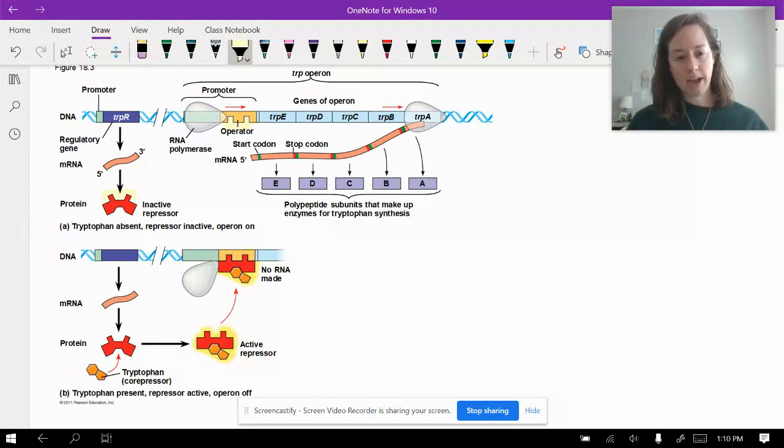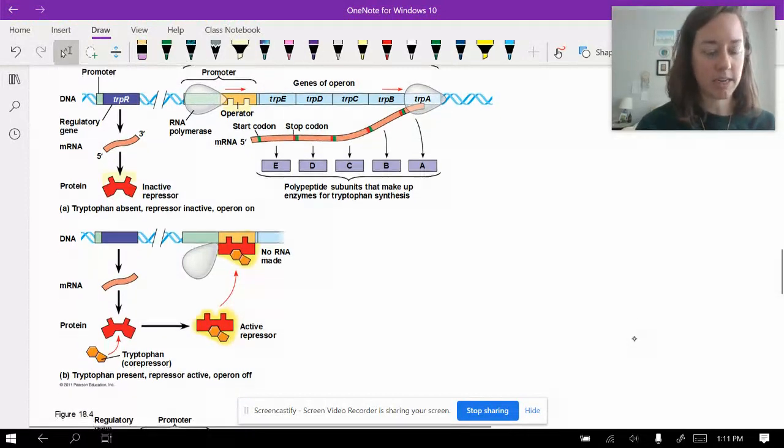So now what can happen is this operon can become repressed or turned off. And you would want to turn it off because the cell has enough tryptophan present that it doesn't need to be producing more. So what happens is some of the tryptophan that is present in the cell binds to the repressor, which is happening down here.